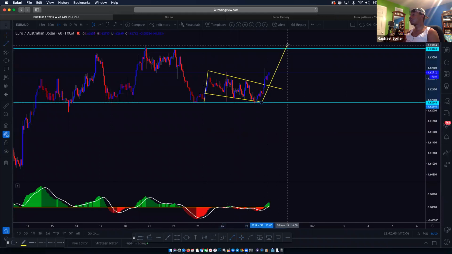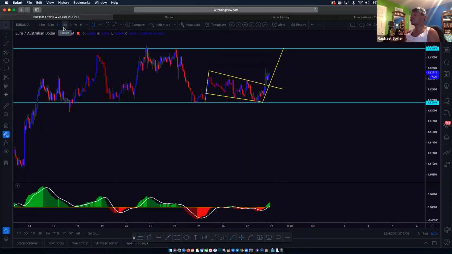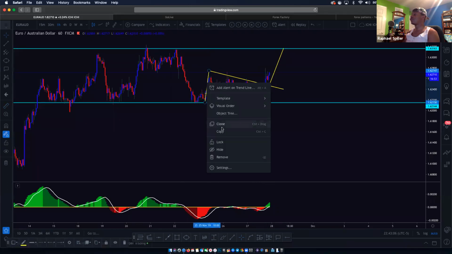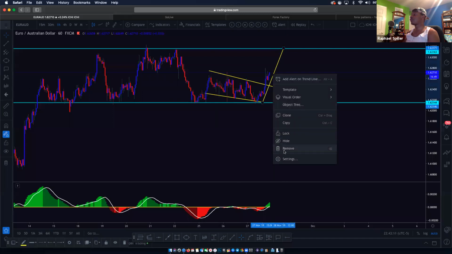It's moving up here. Why didn't I get in this? You have the cross on the MACD, so you could technically get in it now, but you would have a 60 pip stop loss for a 45 pip gain. I wouldn't get in that. The risk to reward is not good enough anymore.